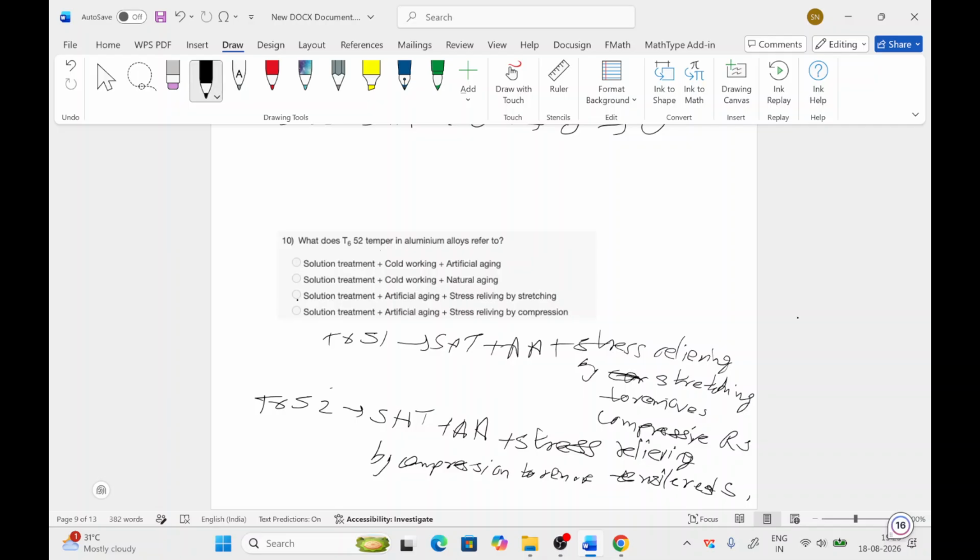So it is solution heat treatment plus artificial aging plus stress relieving by compression. So D option is correct.